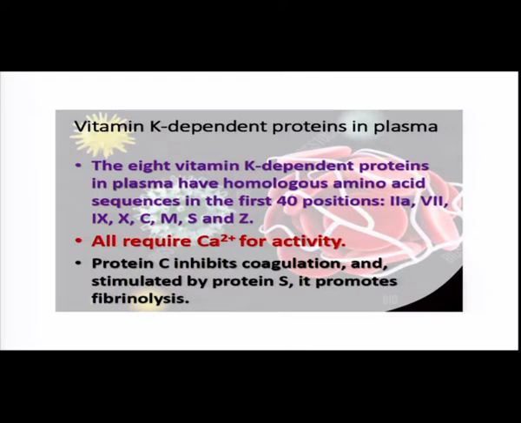You have almost 13 clotting factors discovered so far, and their roles have been elucidated. If you look back historically, there was a wide gap of many years, with research by independent groups or in collaboration, to really establish the flow. Now we have all the information. The first 40 amino acids have homology. What do we mean by homology?